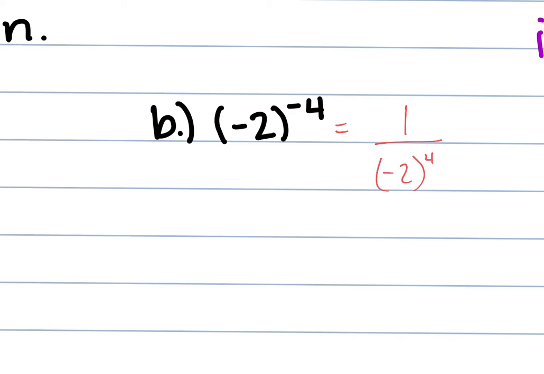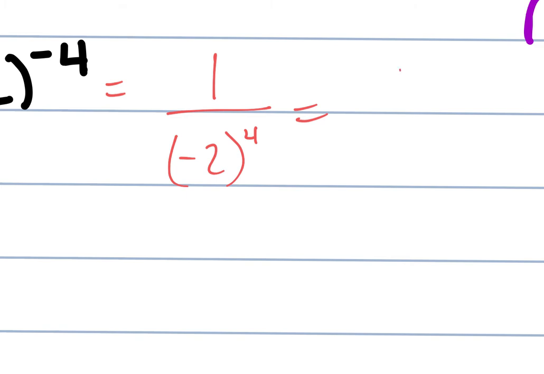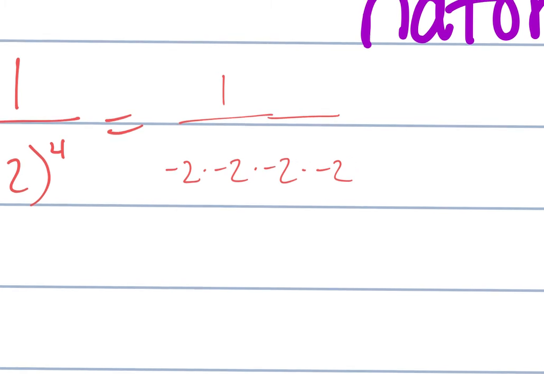And now, Nick, we can go ahead and multiply negative 2 by itself how many times? 4, right? So this is going to be 1 over negative 2 to the 4th power, which is negative 2 times negative 2 times negative 2 times negative 2. Well, what's negative 2 times negative 2, guys?